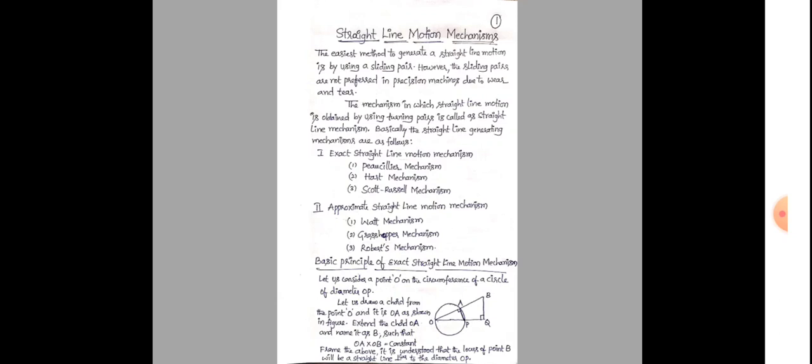One is exact straight line motion mechanism, under which we have three mechanisms: Peaucillier mechanism, Hart mechanism, and Scott-Russell mechanism. In all these three mechanisms the motion is exactly a straight line, therefore they are said to be exact straight line motion mechanisms.